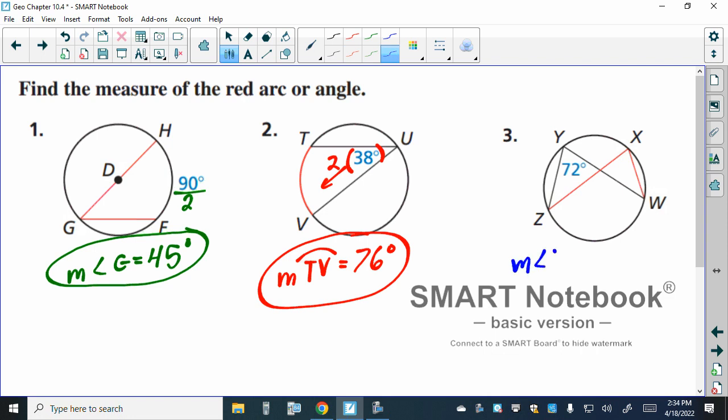And the last one, the measure of angle X would be 72, since the two inscribed angles share the same arc, they're going to have the same degree measure. Questions on this here?